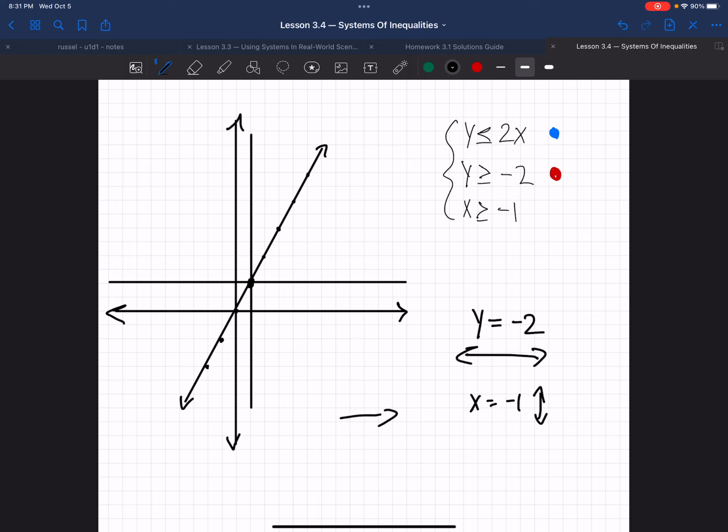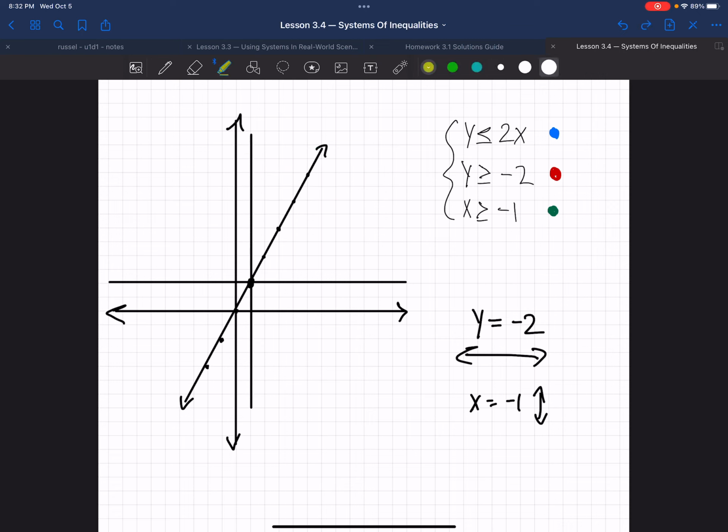Because if this is negative 1, more than negative 1 horizontally is to the right. So if I used green, you would have lines extending like this, right? But they have to satisfy all three.